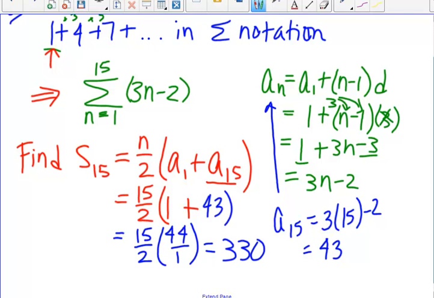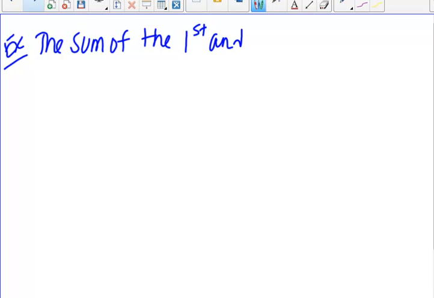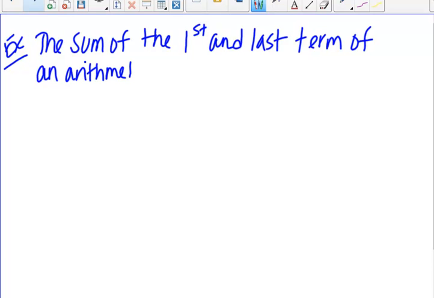Okay, one last example. The sum of the first and last term of an arithmetic sequence is 80.